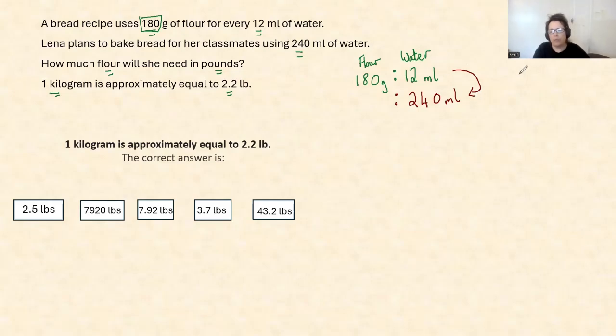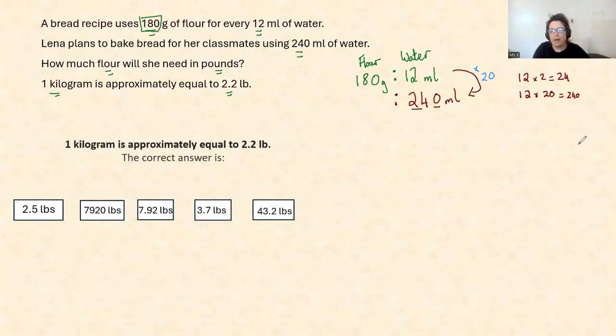Well, if I multiply 12 by 2, I'm going to get 24. But it's 240. So if I multiply 12 by 20, then that will give me 240. So I'm multiplying 12 by 20.